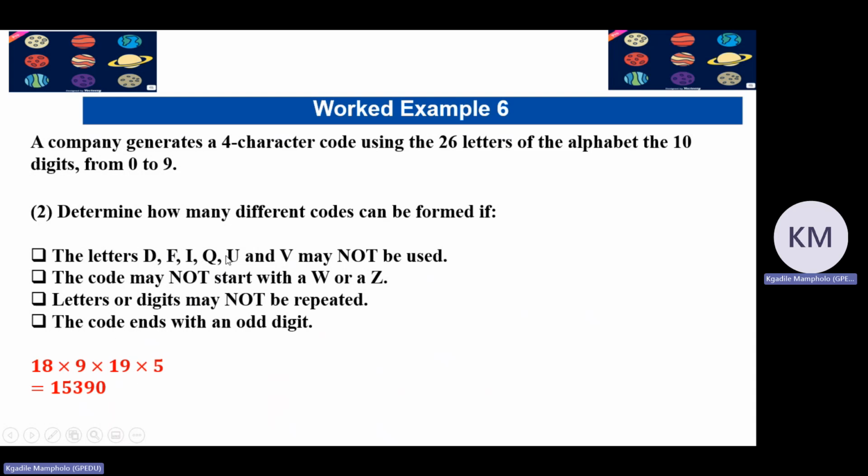We only exclude the 6 here. But now, here they can't be 20. Why not 20? Because 1 has been used here. If, for instance, T is used here, then T cannot be used here. Out of 20, then we'll have 19 here. Then 5 is the possible number of digits that can be at the end. Here we're referring to the odd numbers. Then the answer will be the total number of the codes.